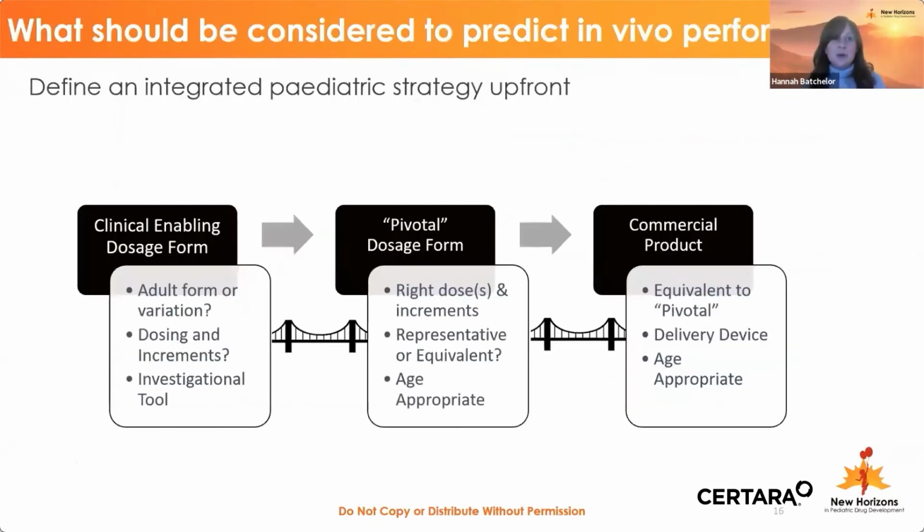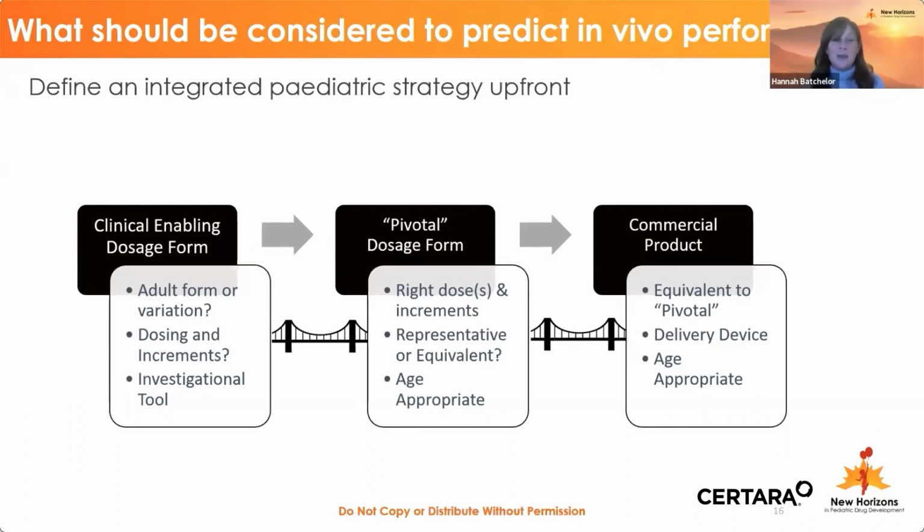So I guess it leads us to what should be considered when we're predicting in vivo performance. How can we make sure in the future that we are not getting these differences? We're not having to explain differences in bioequivalence. How can we make sure that this is consistent throughout? This is just a schematic, where we're bridging between the clinical dose, the enabling dosage form, a pivotal dosage form, and potentially a commercial product.